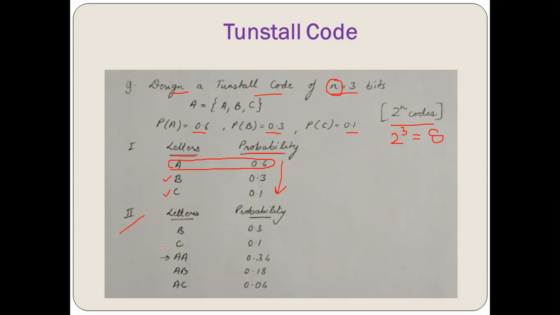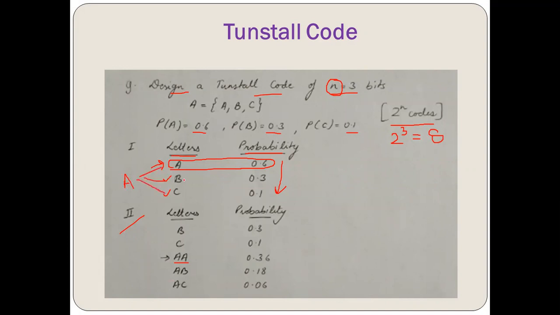Now, whichever symbol I have taken out of the list, the one that has the maximum probability, I'm going to multiply it with all these letters. For example, I have omitted A, so I'm going to take it with itself also, that is A into A, and A will be multiplied by B. So I have omitted A, and it will be taken up with all the three symbols.